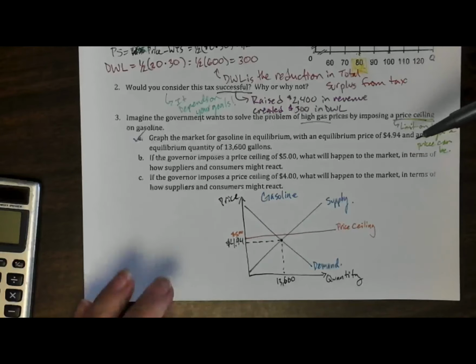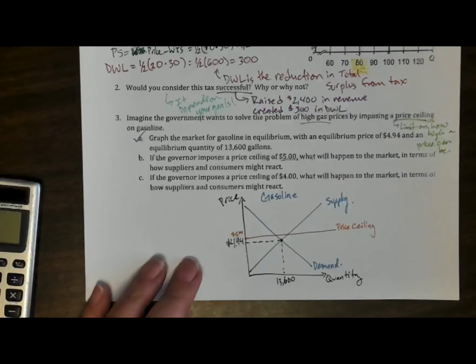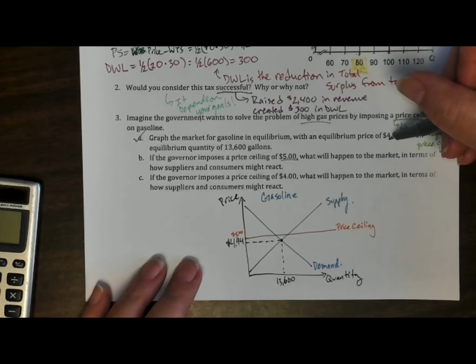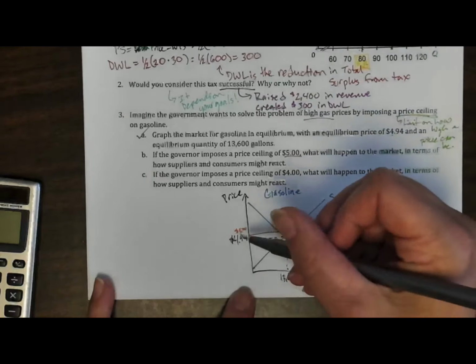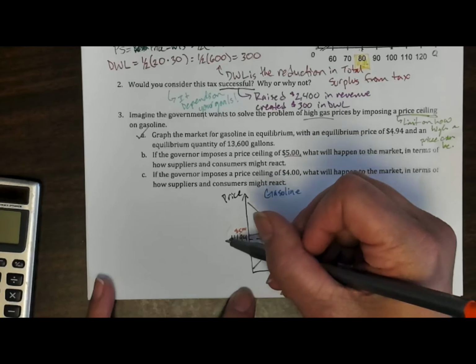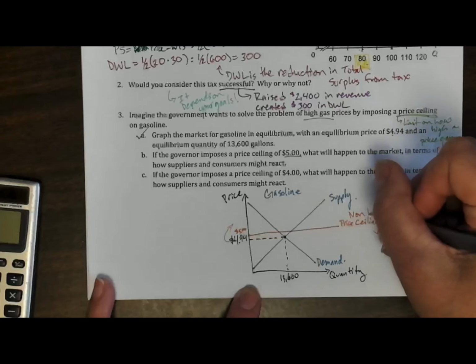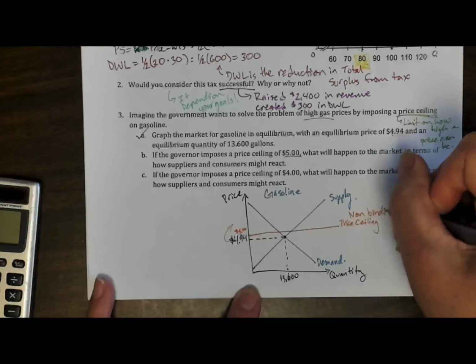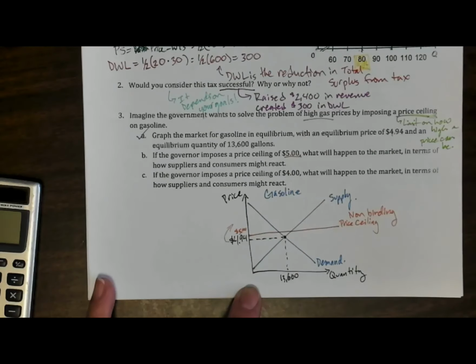The other way to think of it is if the government says, hey, prices can't go above $5, but prices are stuck at $4.94, it's not going to have an effect on the market unless this equilibrium price goes up above that ceiling. So this would be considered a non-binding price ceiling, right? It's not going to have an effect on the market.